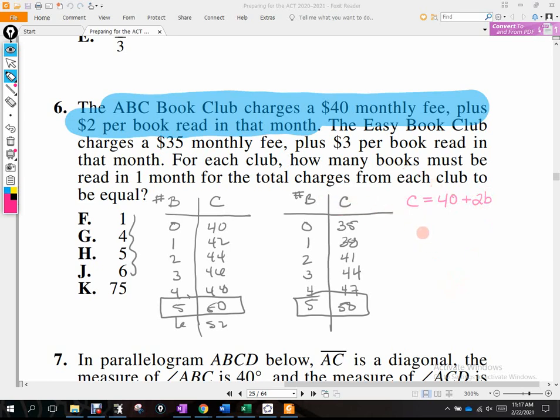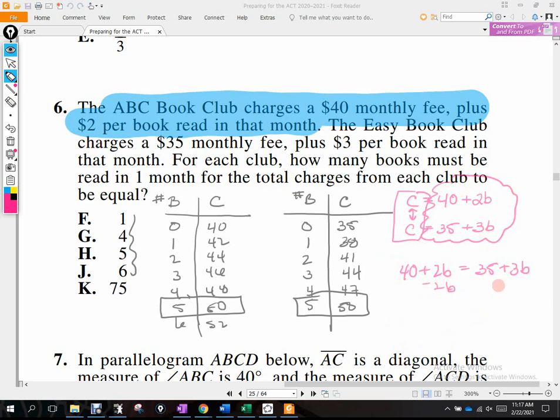This one down here is saying that my cost is $35 plus $3 for every book. We want to see when these costs will be the same. So if those 2 things are going to be equal, I can say 40 plus 2b is equal to 35 plus 3b.